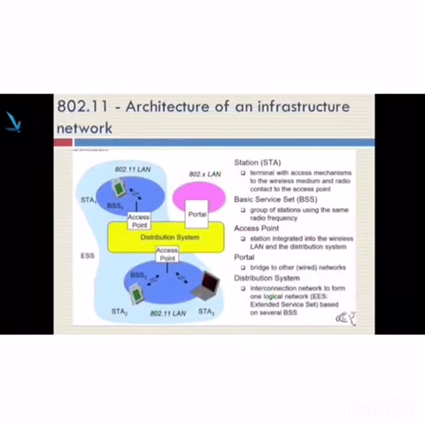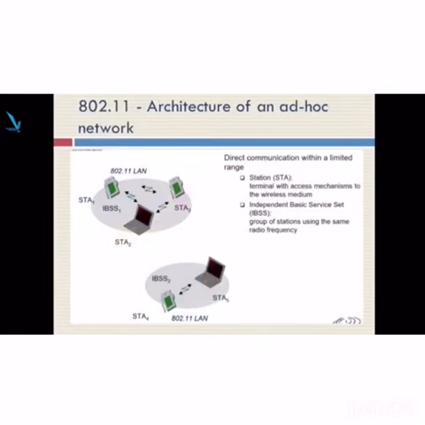This is the architecture of an infrastructure network, wherein you have a station, basic service set, access point, portal, and a distribution system. And in the architecture of an ad hoc network, direct communication within a limited range can be done.